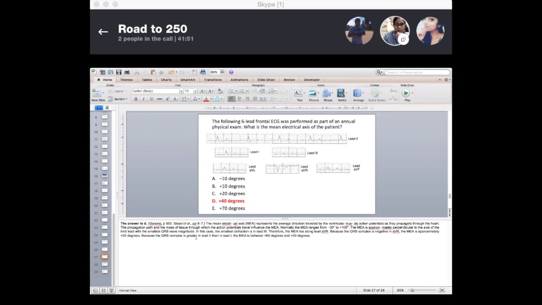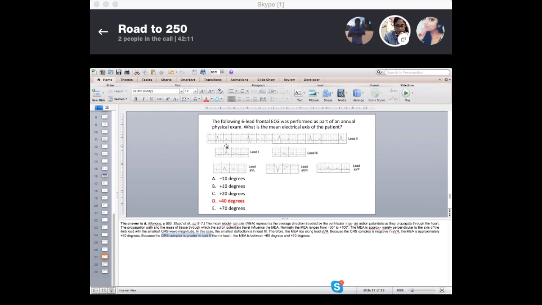Looking at that closely and seeing the peaks, in lead 2 the QRS complex is greater than in lead 1, probably by a little bit.